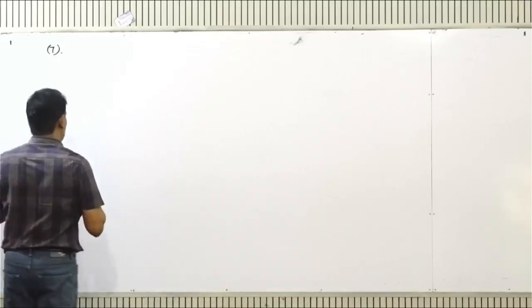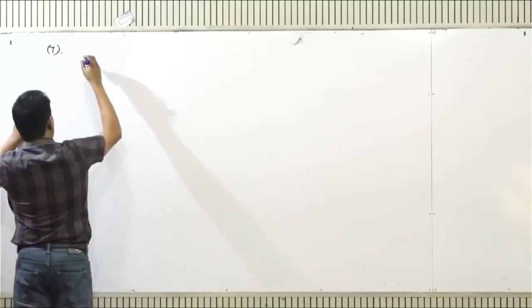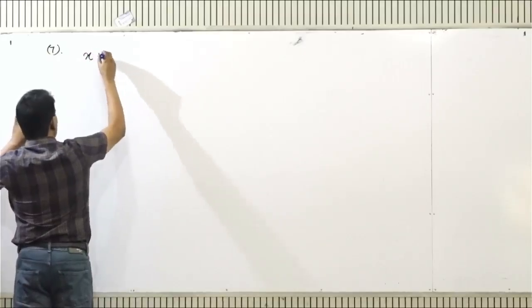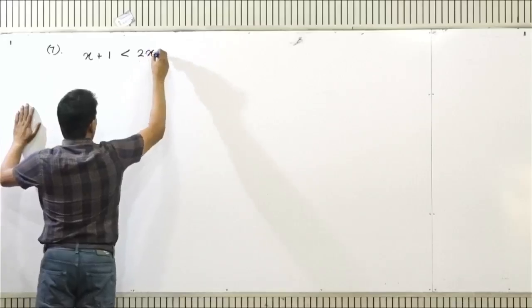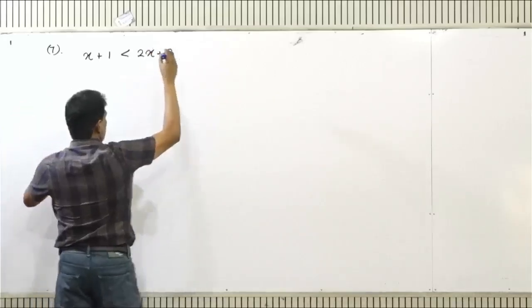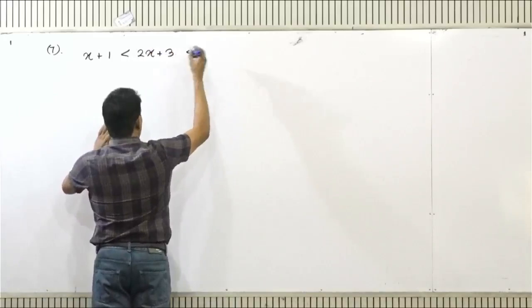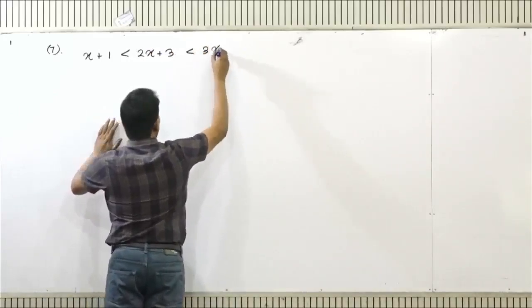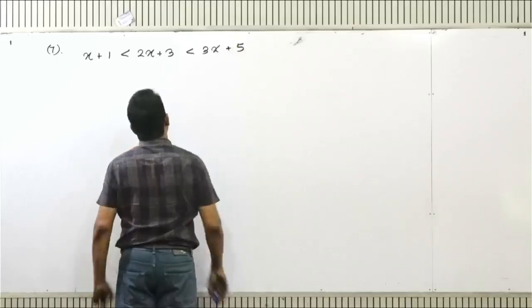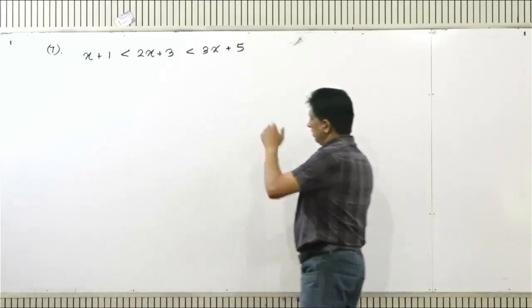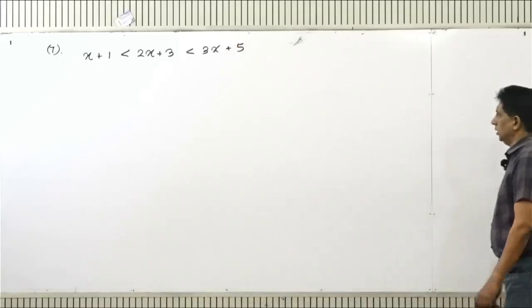Now, let's take an example. x plus 1 is less than 2x plus 3, 2x plus 3 less than 3x plus 5. This is the given double inequality.